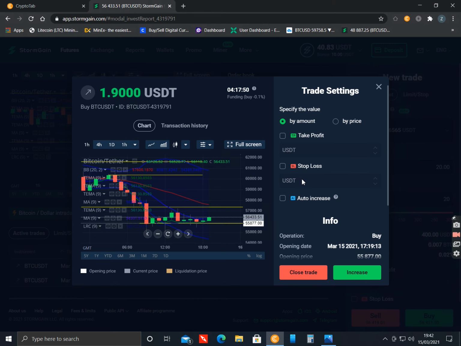So I'll get my 10 back plus 5. But if I think that the price is going to come down and touch that level and kick me out of it, I might just move it slightly down a bit, just so that I don't lose that particular range, if you will.